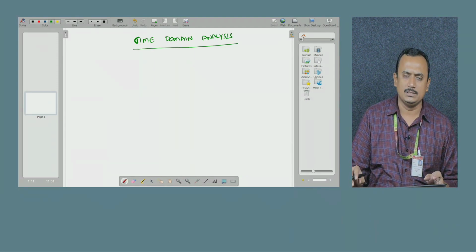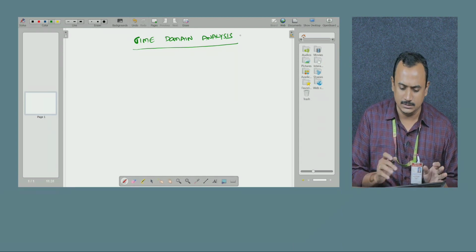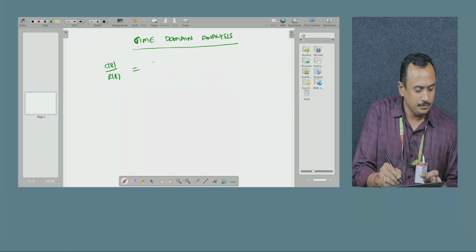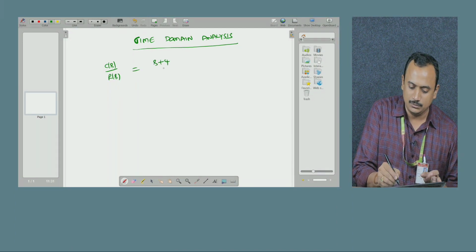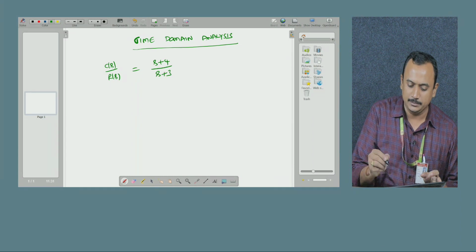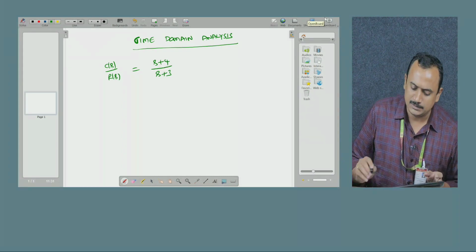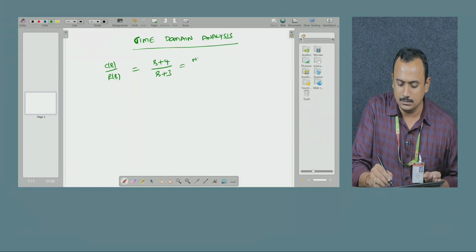In this time domain analysis, let us consider a transfer function C(s)/R(s) equal to (s + 4)/(s + 3). Here s + 4 is known as the numerator and s + 3 is the denominator.